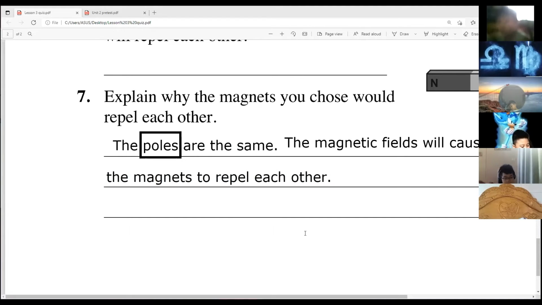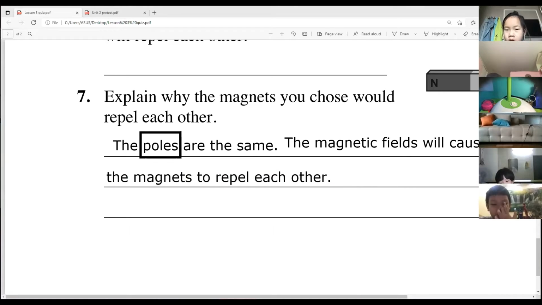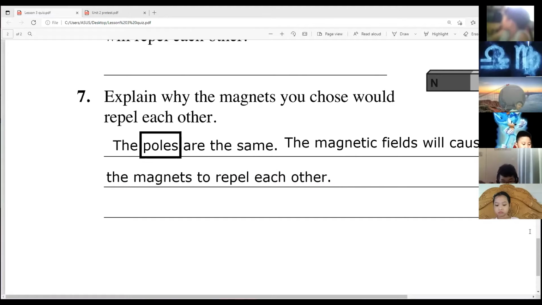So these are some of the things you needed to write. The poles are the same. The magnetic fields will cause the magnets to repel each other. Okay, these are some sentences you could write. What else did anyone else write? Did anyone else add anything else? Raise your hand if you wrote anything else. Did anyone write anything else that they want to share? Zook, did you write anything else that you want to share?